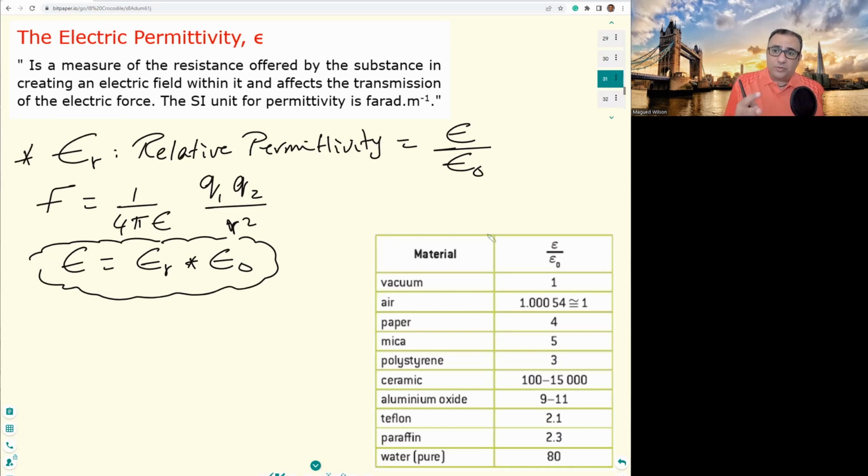Okay, the second option, you may be given epsilon right away. So for example, I can give you epsilon for let's say graphite.